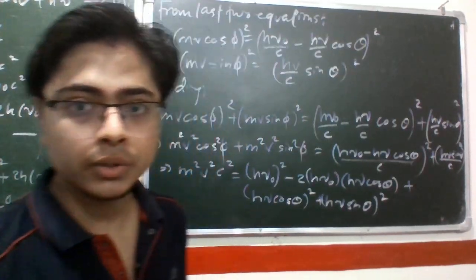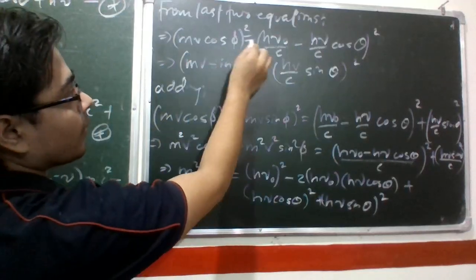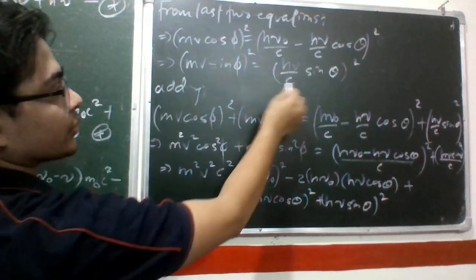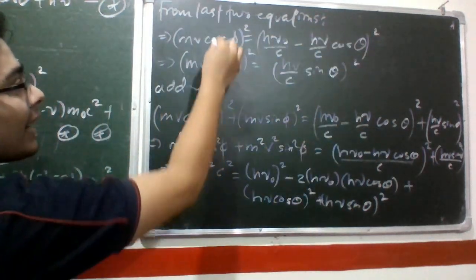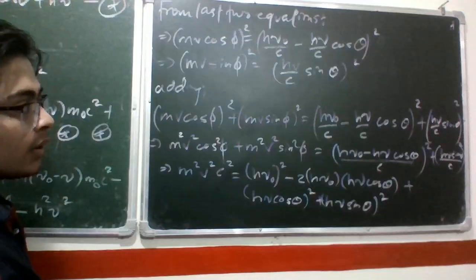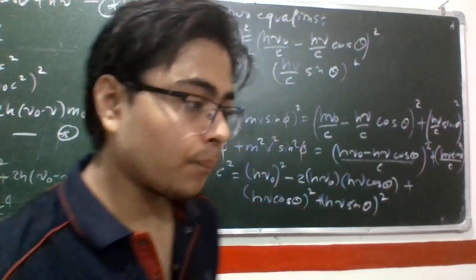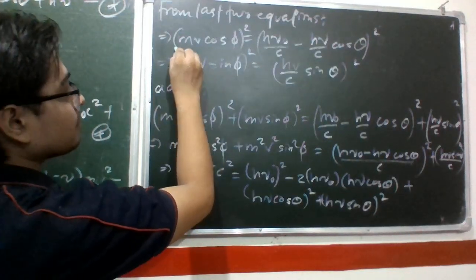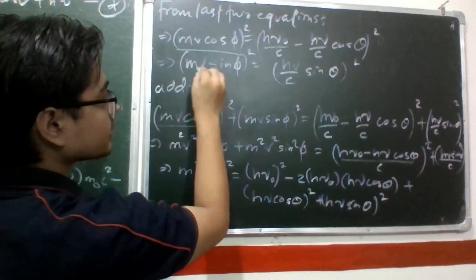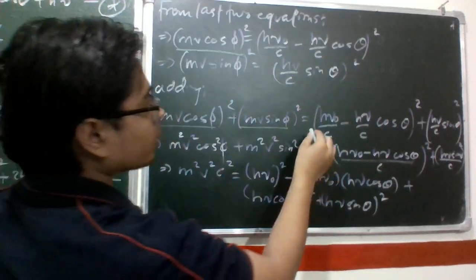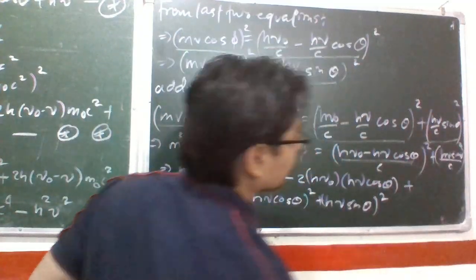After that, continuing to the derivation, from the last two equations we get this equation and this equation, and we squared these equations and added these two equations. When we add these equations, we would add the corresponding terms, and by adding them, we get mv cos phi squared plus mv sin phi squared equals this whole thing plus this whole thing.